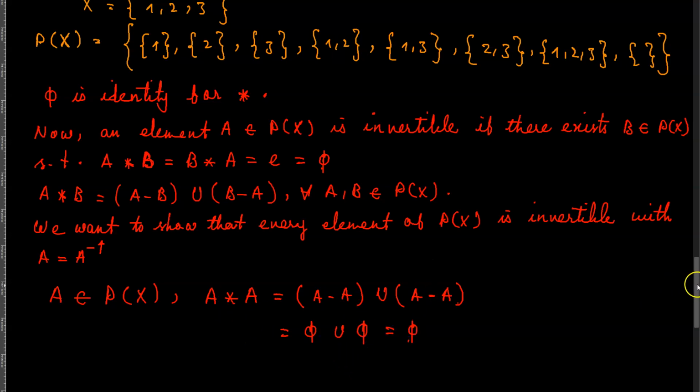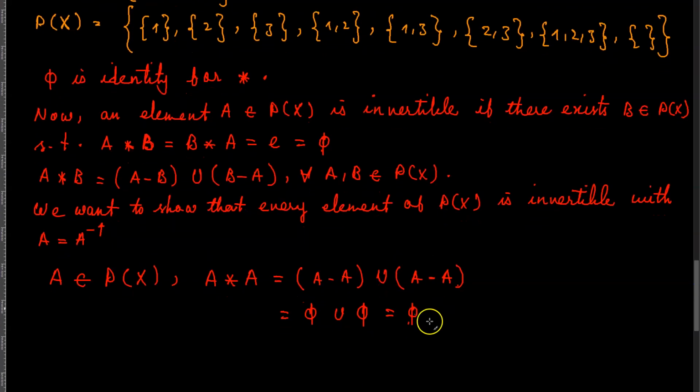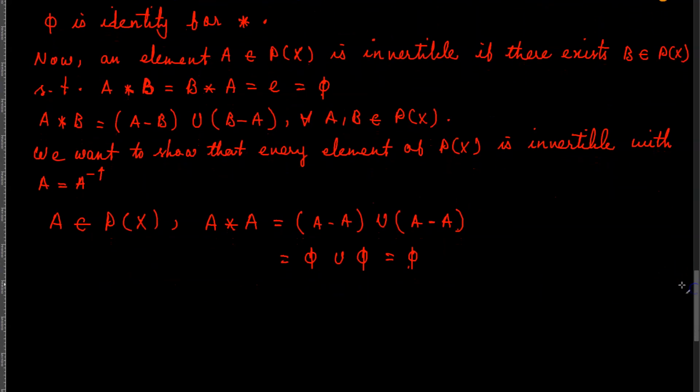And of course we have now checked both sides of this rule. We said that A star B must be equal to B star A must be equal to the null set. So A star A is the same thing the other way around, and in both cases you'd get the null set.